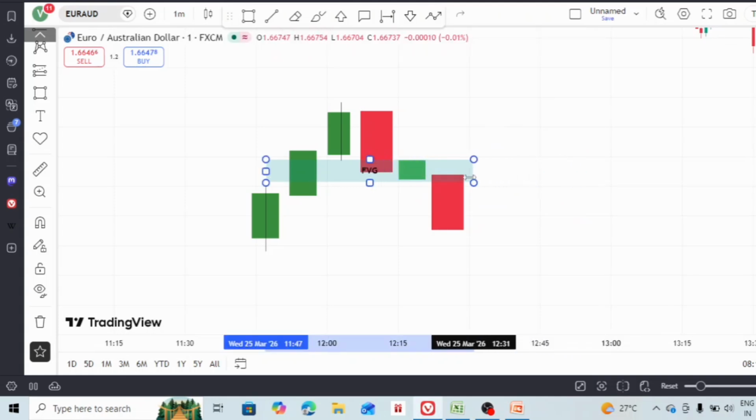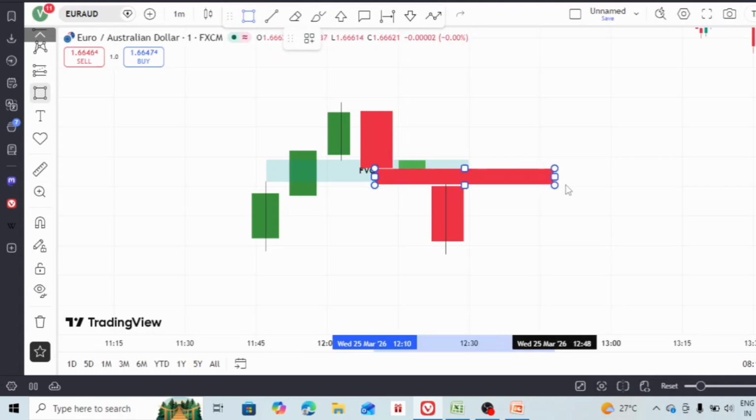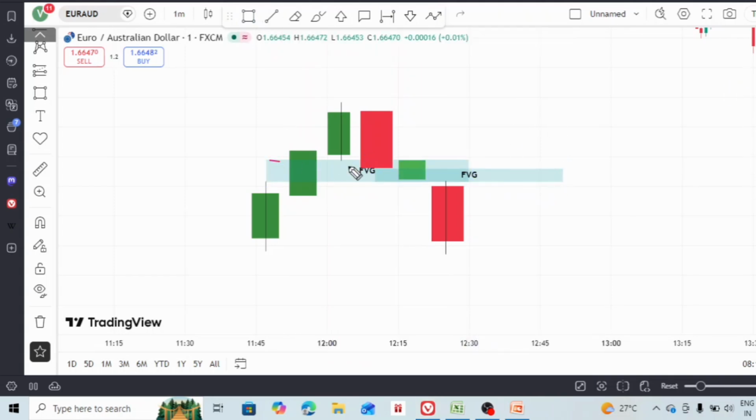So this is the inverse fair value gap here. Let's move this down a little bit and add some candles like this, so that it looks better. Here we also have another gap, another fair value gap. This fair value gap was not respected, the market broke it, and there is also another gap.